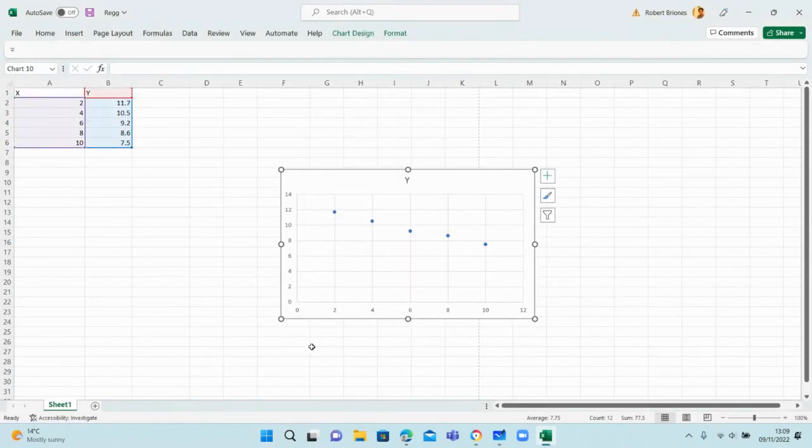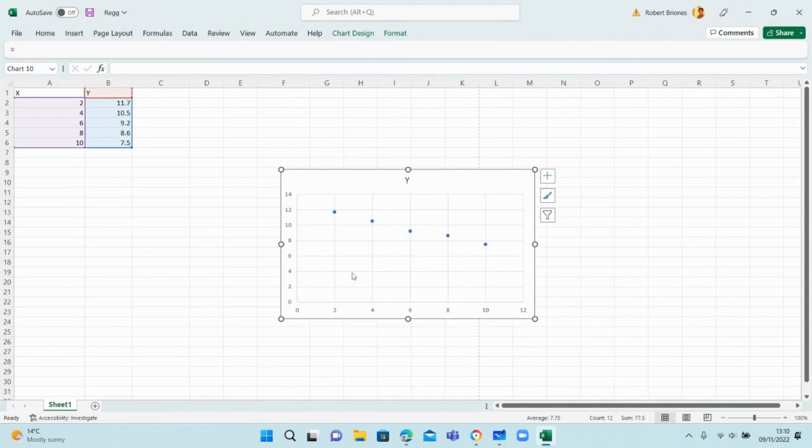And as you can see, the horizontal axis gives us the values for the X variable, and the values along the vertical axis would give you the values for the Y variable.